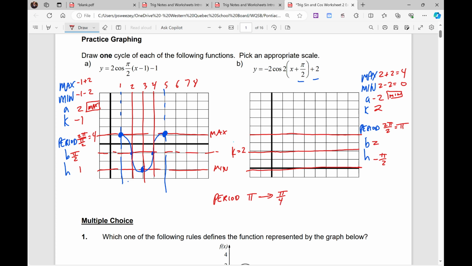But I'm not starting at that guy there, right? My start is the h of negative pi over 2. And so if you added a quarter pi to negative half a pi, what would you end up with? And in fact, how about I phrase it this way a little bit better?